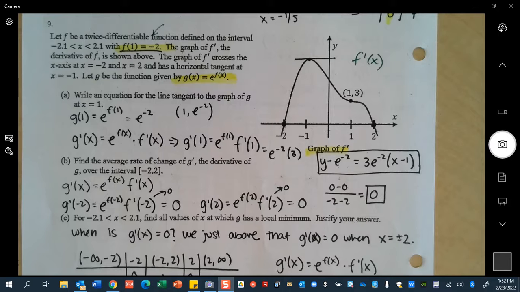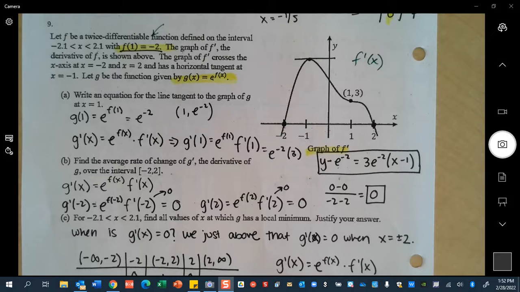So when I look at my derivative of g, I go ahead through and I find my derivative of e to the f of x times the derivative of f of x. So when I put 1 in, through all the substitution, I end up with that.